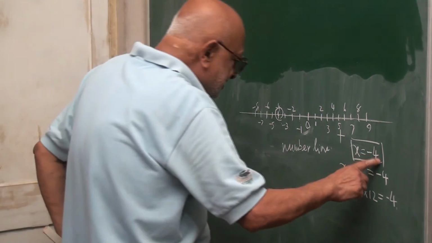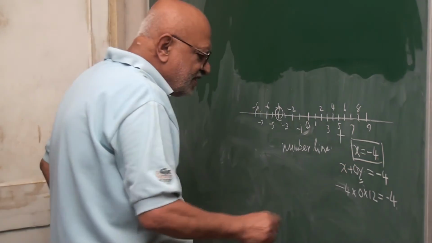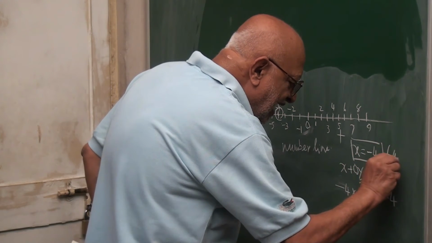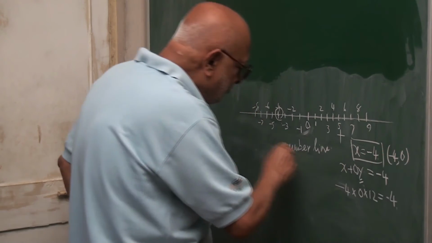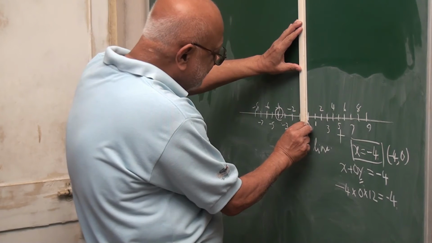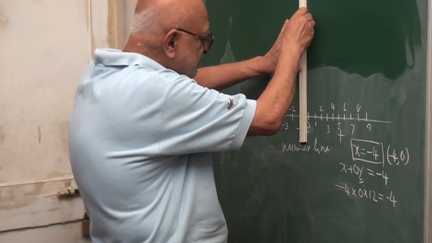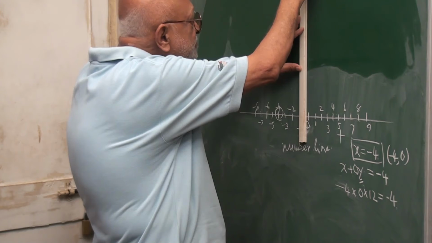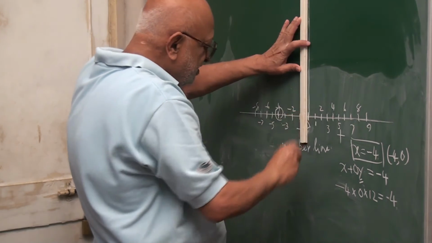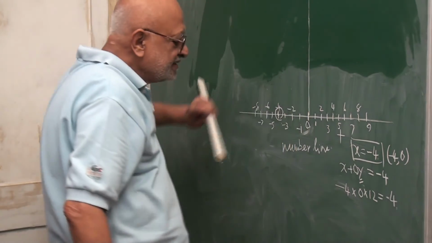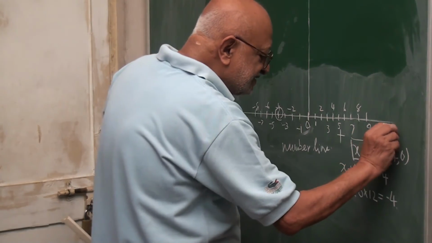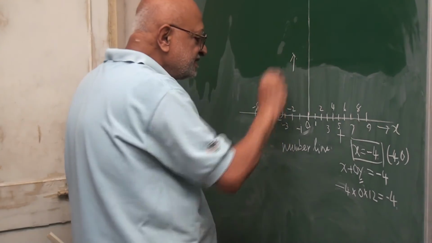I can convert this point into x equal to minus 4 and y equal to 0. This is one point. This will be my other axis, the y-axis. So here this is the x-axis, this is the y-axis.